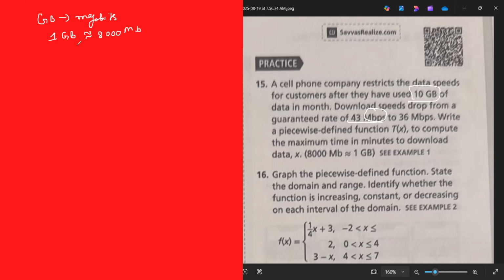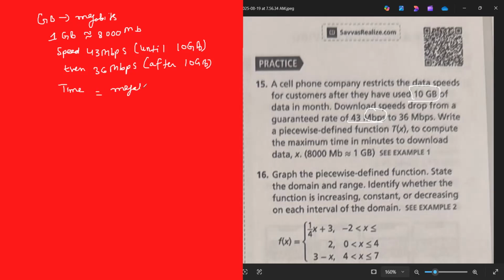Okay. Speed is what? 43 Mbps until 10 GB. Then 36 Mbps after 10 GB. So time will be what?